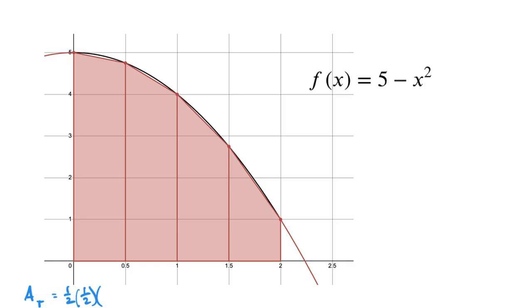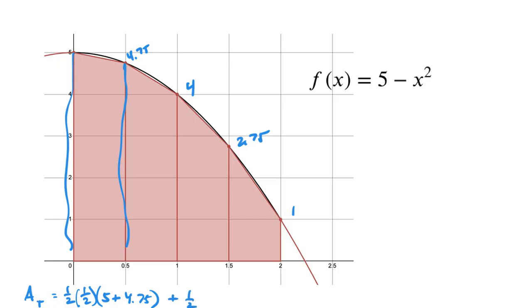And it's base 1 plus base 2. So base 1 is going to be given by the height over here, right? That height is 5, plus this height over here, which I've calculated previously as 4.75. So 5 plus 4.75. That will give me the area of the first trapezoid, plus 1/2 of base 1, which is 4.75, plus base 2, which is 4, times the height, which is 1/2.